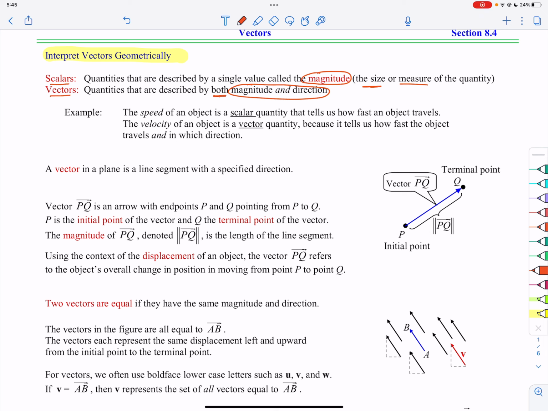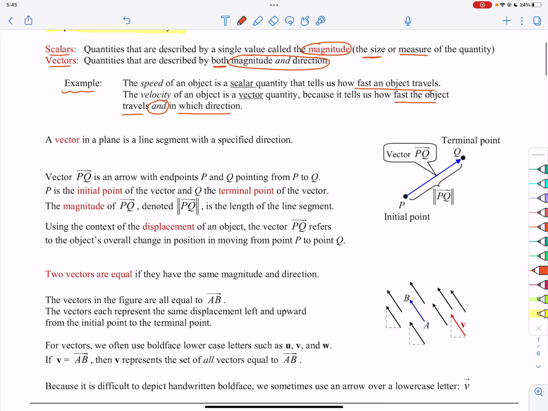The velocity of an object is a vector quantity because it tells us how fast the object travels and in which direction it travels. Okay, so that is the difference between a scalar and a vector in example.